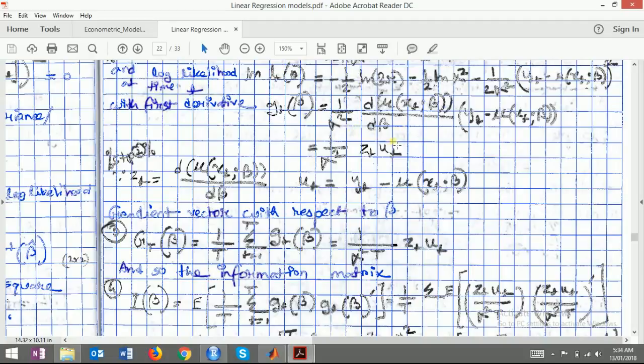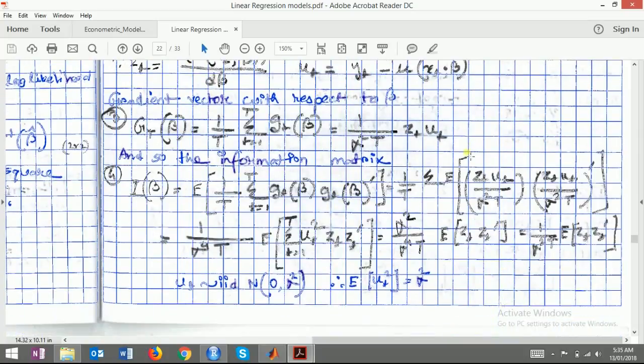The second element is the derivative with respect to beta of mu xt beta, which is the nonlinear function of the independent variable, multiplied by the residual.